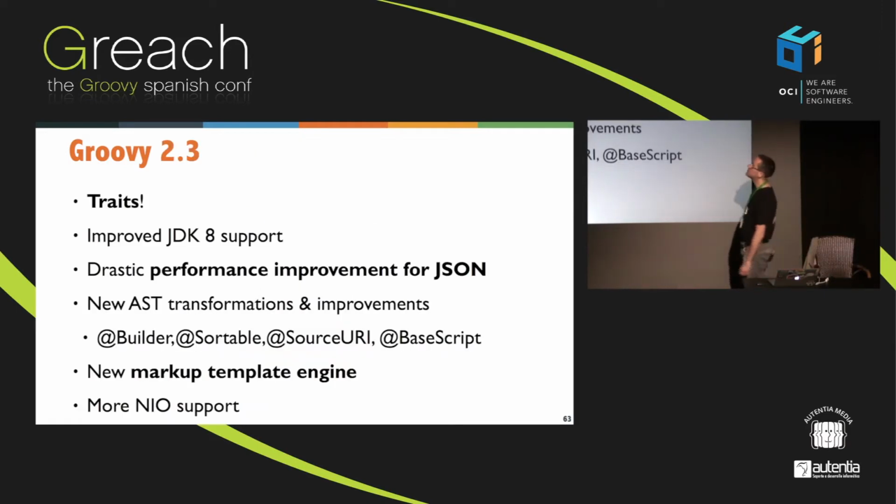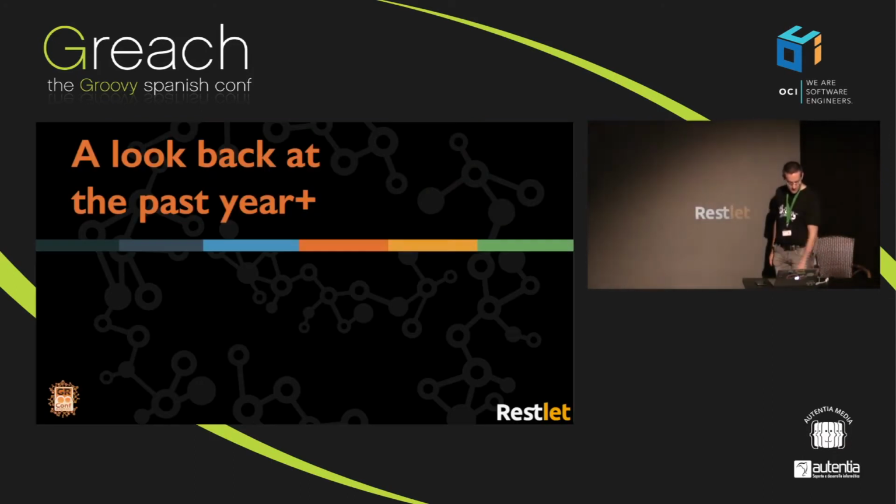Groovy 2.3 with traits, some more JDK 8 support, although we don't have the new syntax elements of JDK 8. At least we are compatible with JDK 8. Performance improvements for JSON and more refinements to AST transformations. And there's also the new markup template engine, which is a clever use of a mix of dynamic compilation and static compilation. So it's a very interesting component.